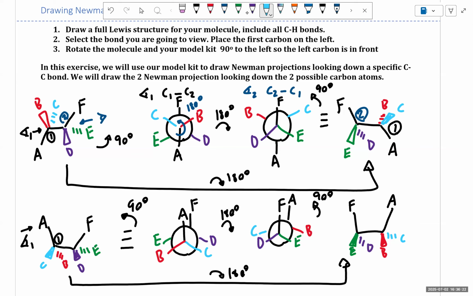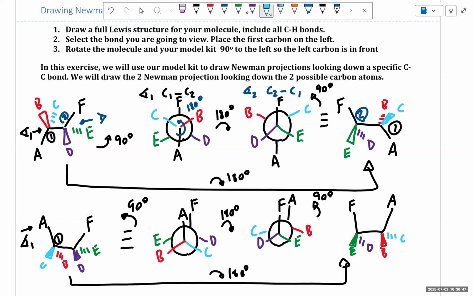So we're still looking at the same molecule. We're just looking at different views, different perspectives of the same molecule that we can get via bond rotation. So as you see, for each Dash-Wedge structure, you can draw multiple Newman projections, and you can rotate your carbon-carbon bonds and draw additional Dash-Wedge structures for the same molecule.